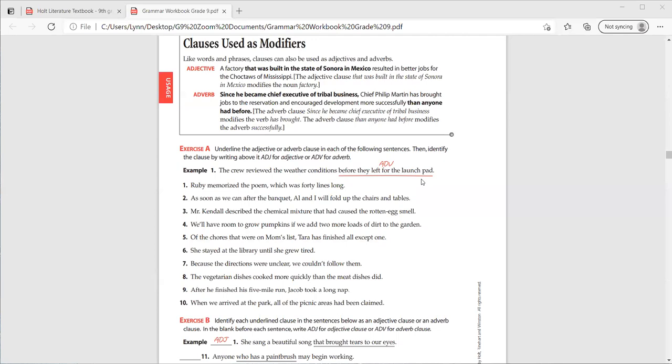Therefore, you can't tell whether a word is an adjective or an adverb simply by looking for the ly ending. To decide whether a word is an adjective or an adverb, you must determine how the word is used in the sentence.